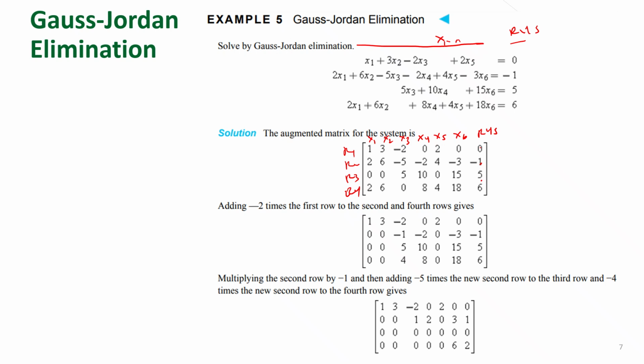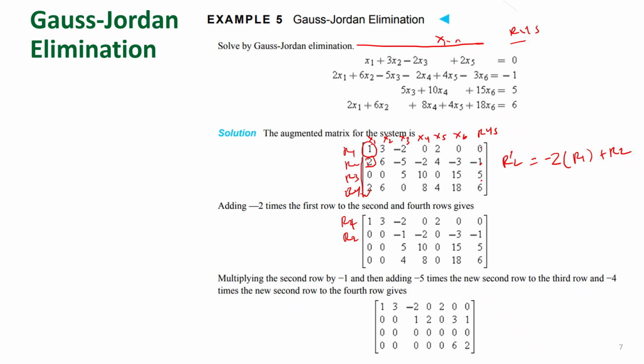And then what you need to do is, for each row, first find the leading one. This one, for example, is already a leading 1, then you need to make the entries below it become 0, right? So the new R2 will be equal to -2 multiplied by row 1 plus row 2. Sorry, this one is row 1, this one is row 2.